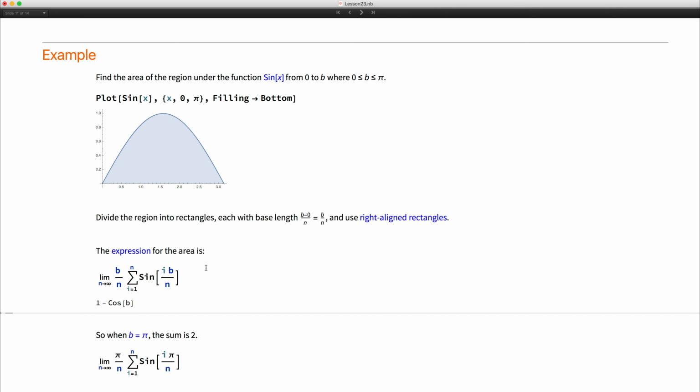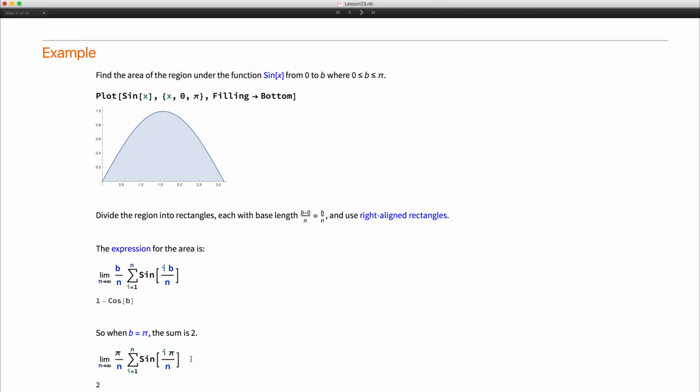But of course, you could then replace the b with pi, and you get back a much nicer answer, which is just 2. So that's the power of the whole method, namely it gives the exact area under this curve between, in this case, 0 and pi.